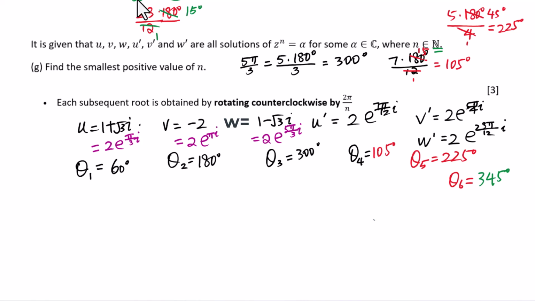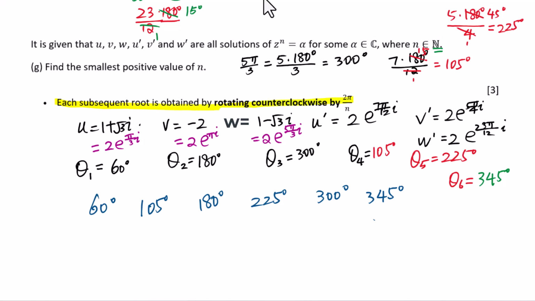Now list all these arguments from smallest to largest degree: 60 degrees, 105 degrees, 180 degrees, 225 degrees, 300 degrees, 345 degrees. We have to use these facts.